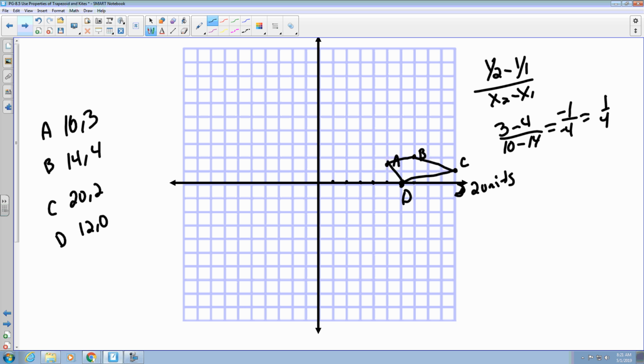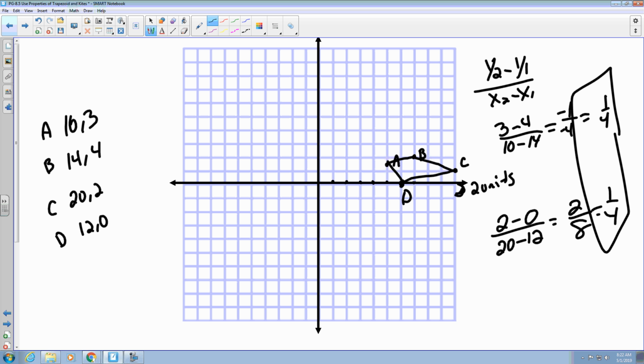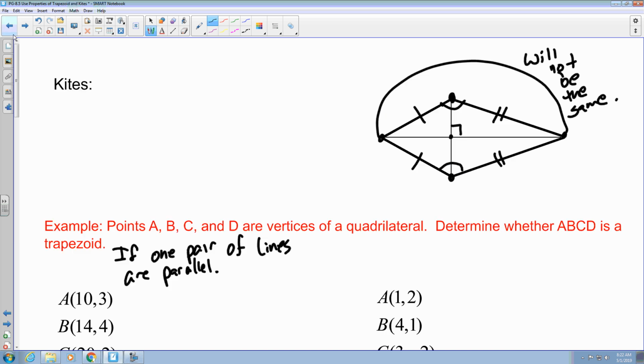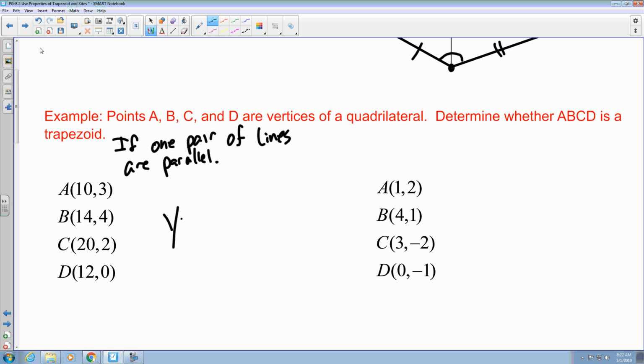And then CD, I have 2 minus 0 over 20 minus 12. So 2 minus 0 is 2, 20 minus 12 is 8, and 2 over 8 reduces to 1/4. Since I have one set of parallel lines, I can say that yes, it's a trapezoid.